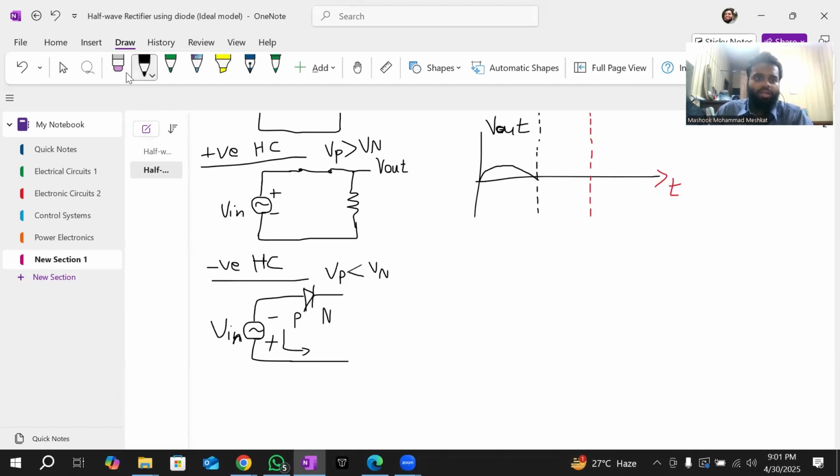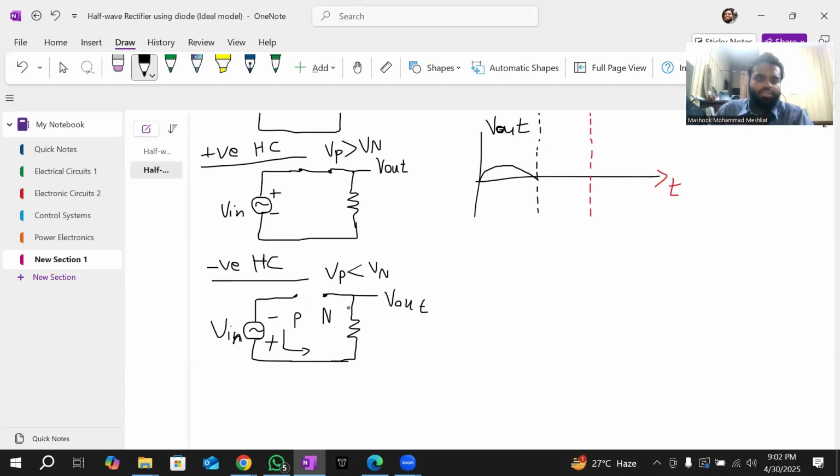So what will happen at this moment? As this is lower than this, we know in the ideal case scenario, it becomes open circuit, because the potential across the P junction is lower than the N junction. So no current can flow and complete the whole circuit.